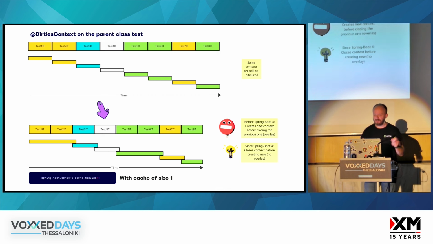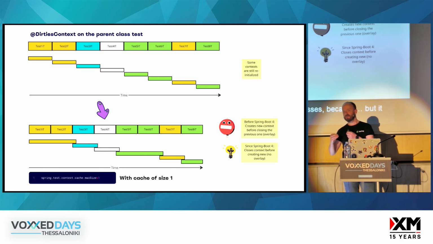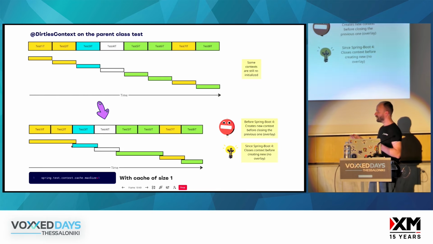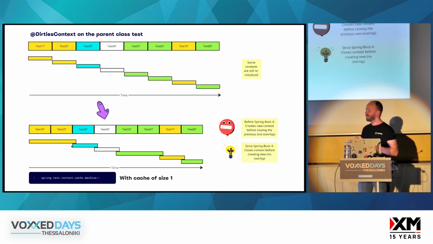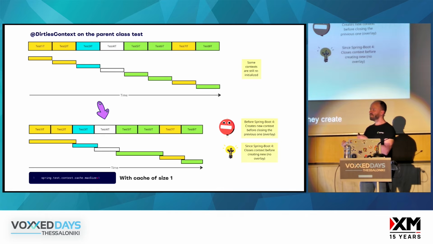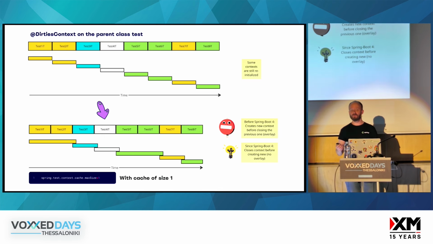It's already better than the original dirty context on all classes, but it will only benefit in time those scenarios when the same configuration goes sequentially. Also, the problem here is those small overlaps, because older Spring Boot implementations had a policy that they create the new context before the previous context is closed. But this will be fixed in the upcoming Spring Boot 4.